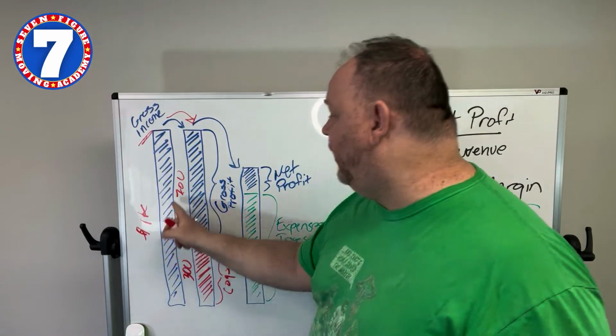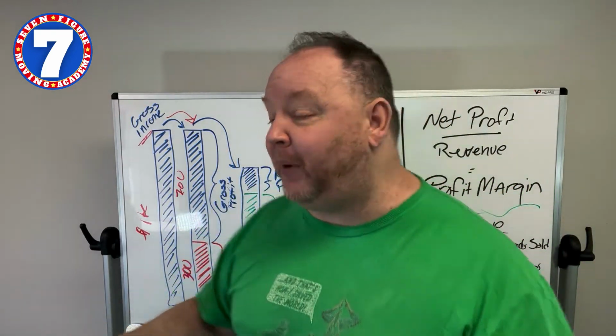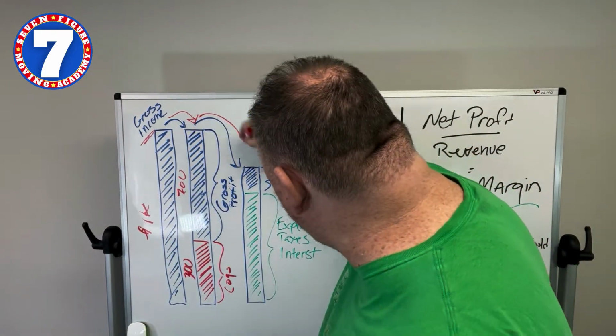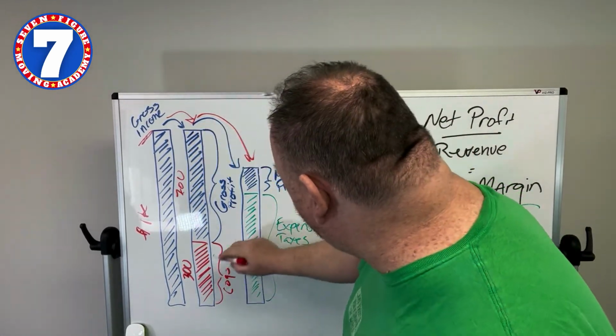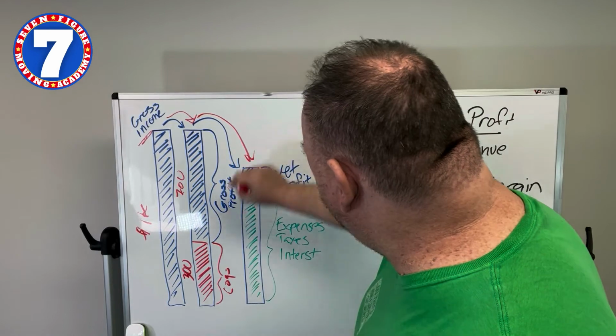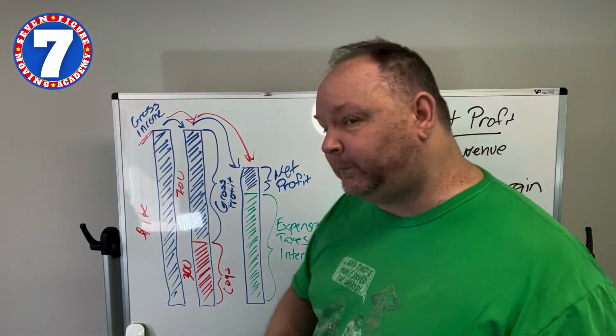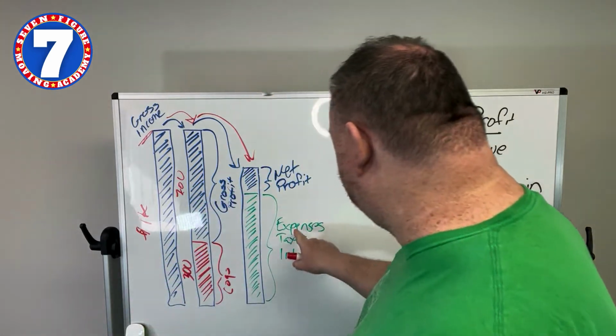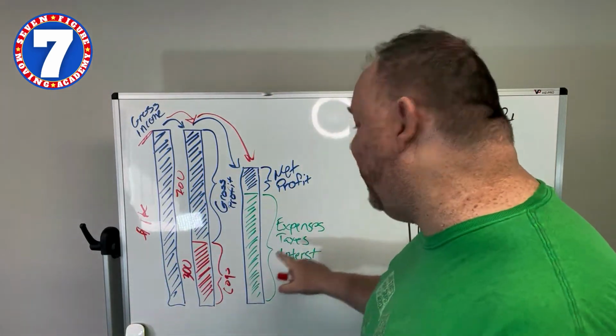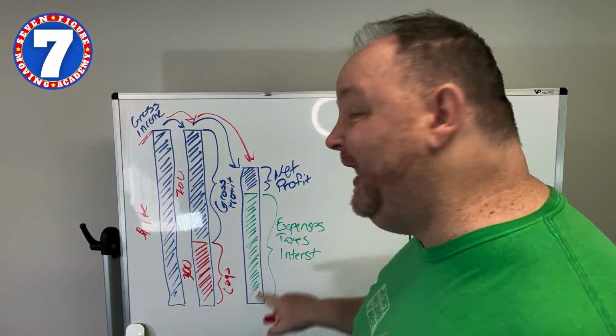Okay, good. Now, how do we figure out net profit? We come over to net profit. We take the gross profit, and that's all of this. Then we have to subtract all the operating expenses, your taxes, and your interest.